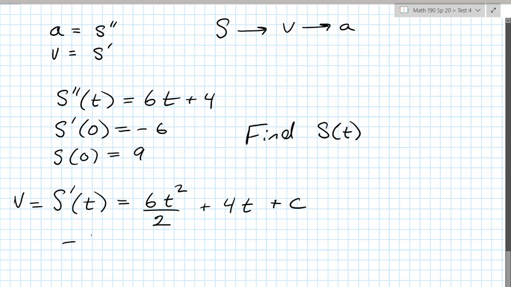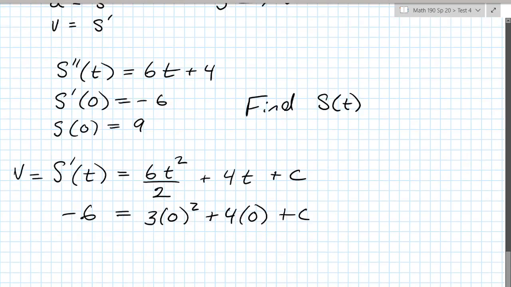So I can write negative 6 is equal to 0 plus 4 times 0 plus c, telling us that our first arbitrary constant should be negative 6. So now my new s prime function is 3t squared plus 4t minus 6.